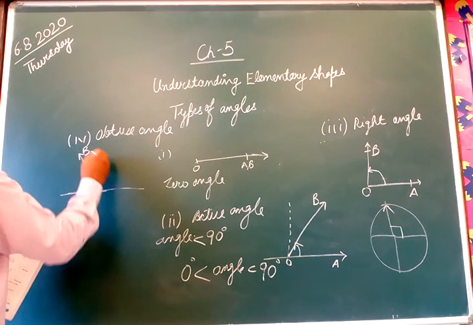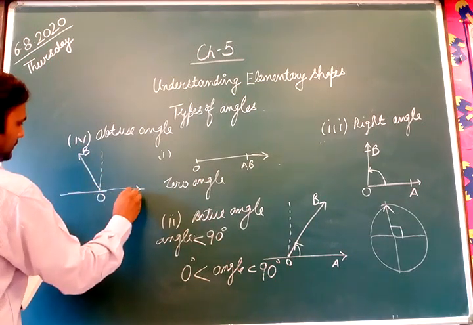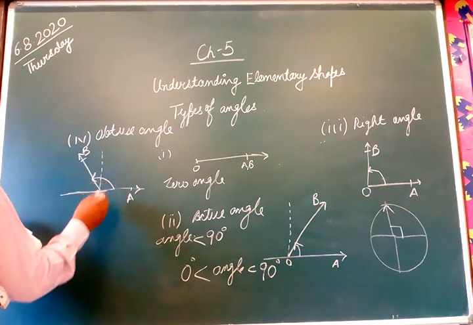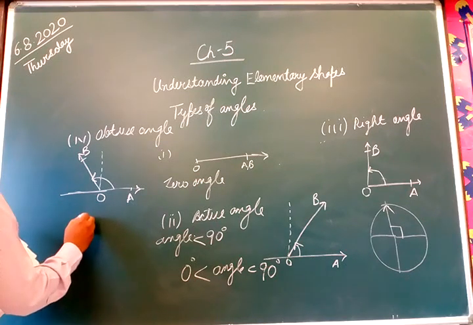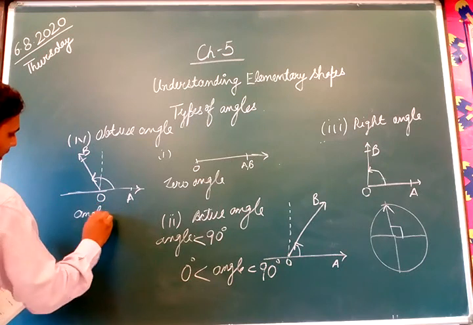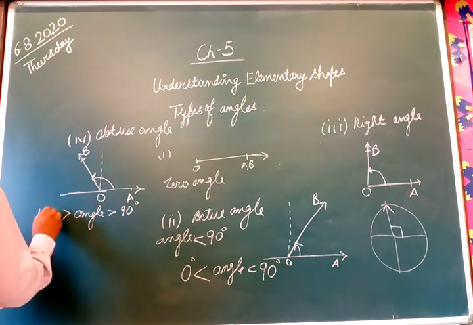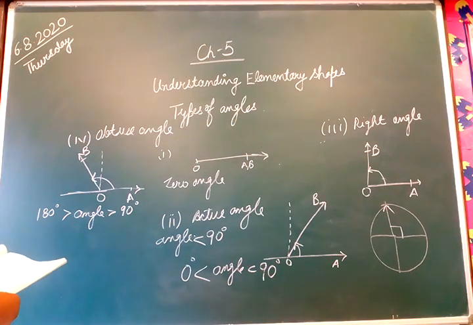Here is B, this is your O, this is your A. So this angle formed is an obtuse angle. The angle which is greater than 90 degrees but always less than 180 degrees is the obtuse angle.